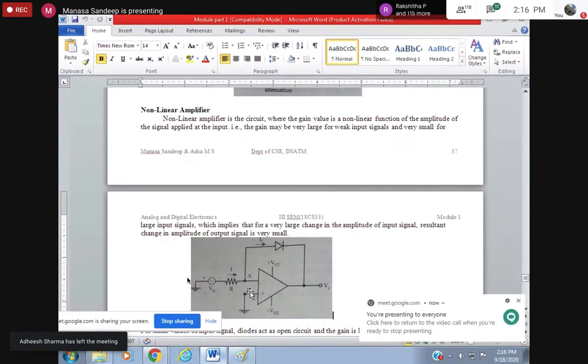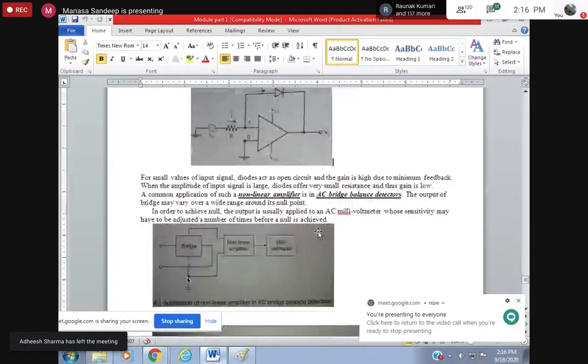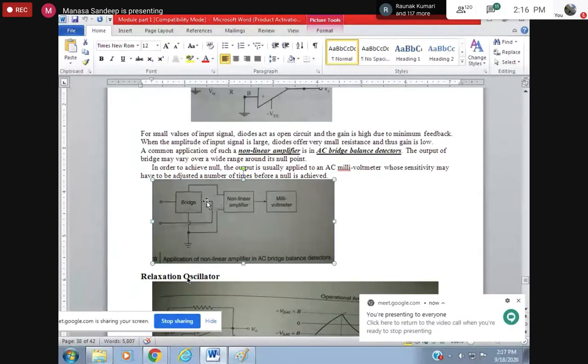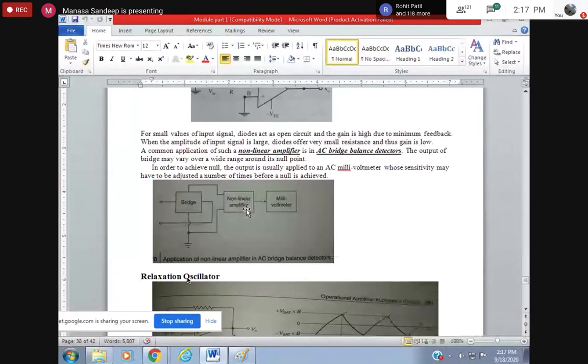The next thing is the application of the nonlinear amplifier. In a bridge rectifier, if there are too many voltage variations, you can connect the output of the bridge rectifier to the nonlinear amplifier, and you can achieve null.